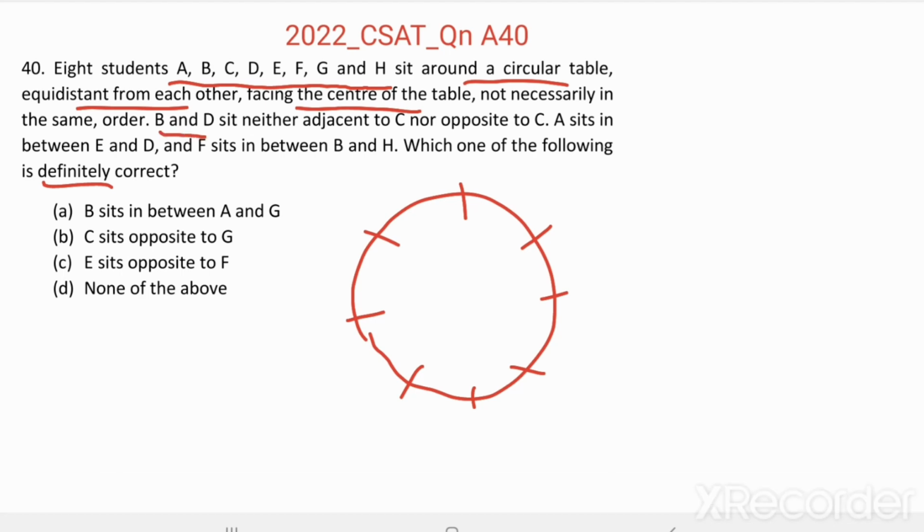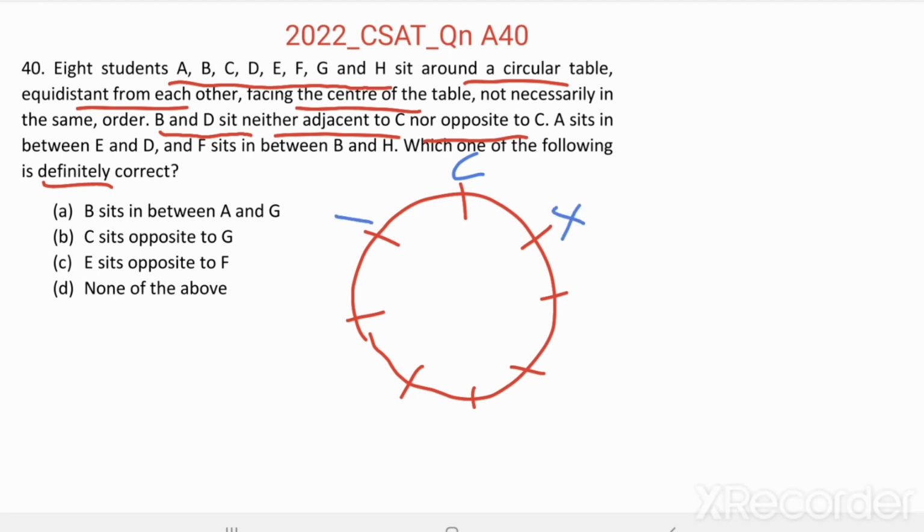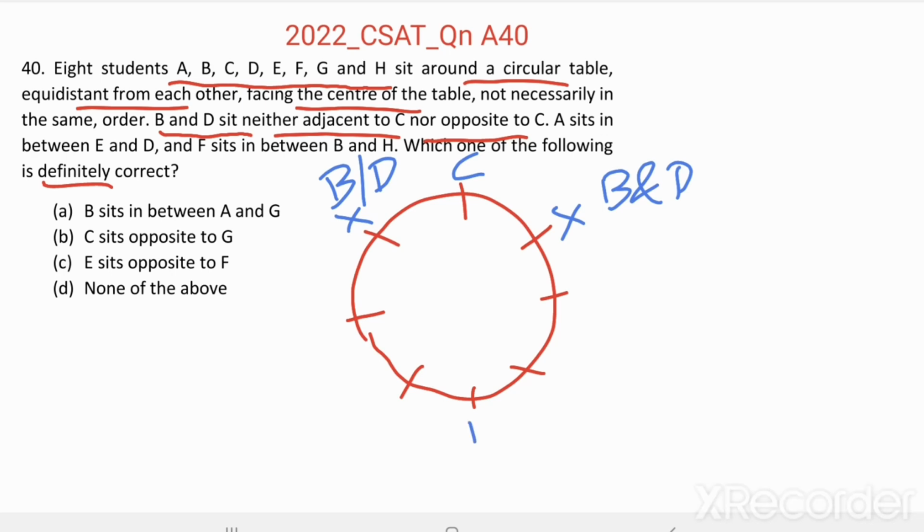Now B and D sit neither adjacent to C nor opposite to C. Suppose C is sitting here. Then these are the adjacent seats of C. B and D not sitting here, and they are not sitting opposite to C also.